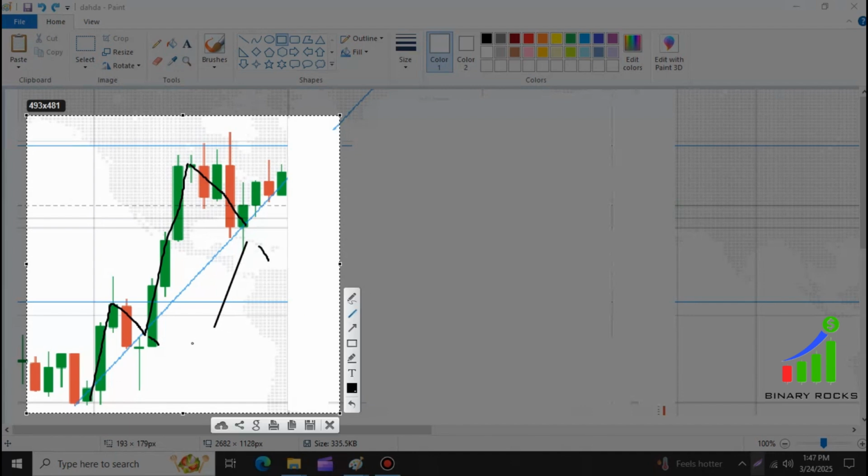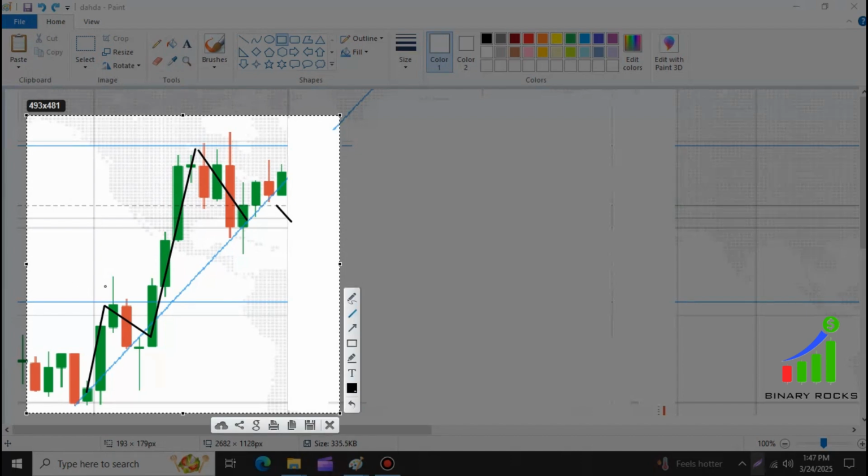Here it is respecting, here it is respecting, here it is respecting. Let me clear and give you clarity here. Here we have a trend line which was respecting, and here also we are respecting.